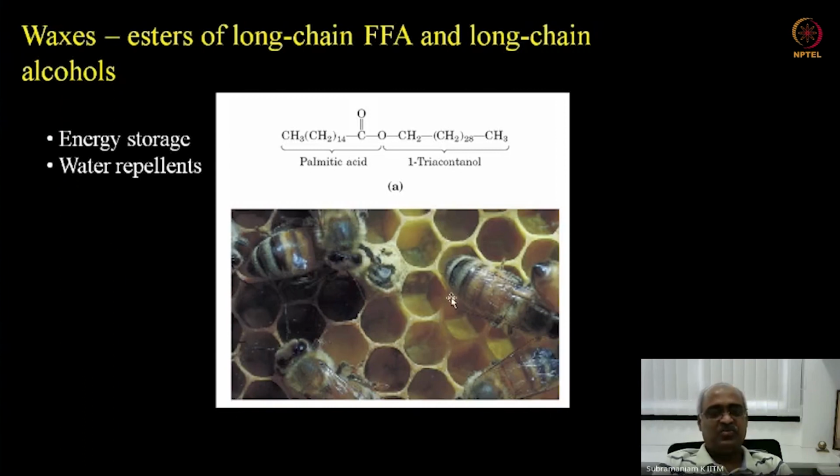You can see the usefulness of wax in this image. The honeybee nest, this honeycomb structure, is made of wax. Like other lipids it serves as energy storage, but its primary function is actually to repel water.